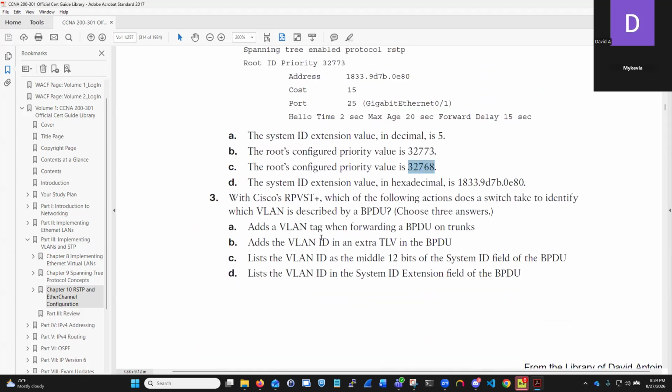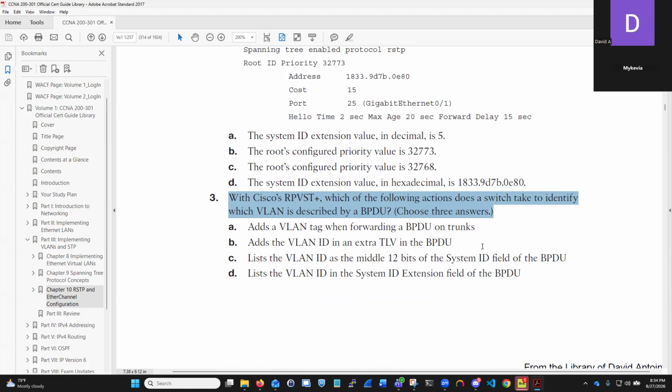So 3, with Cisco's RPVST plus, which of the following actions does the switch take to identify which VLAN is described by a bridge protocol data unit? Choose 3 answers.